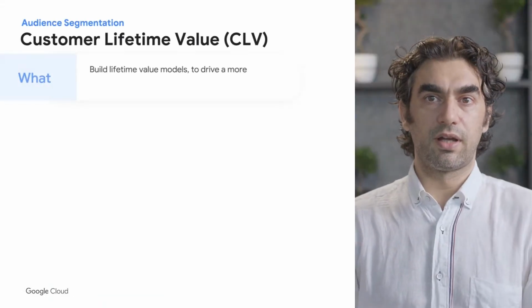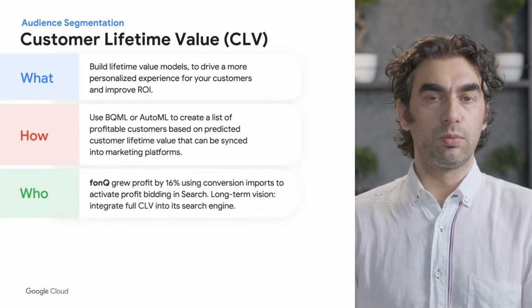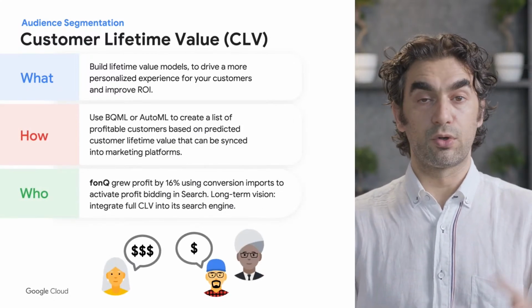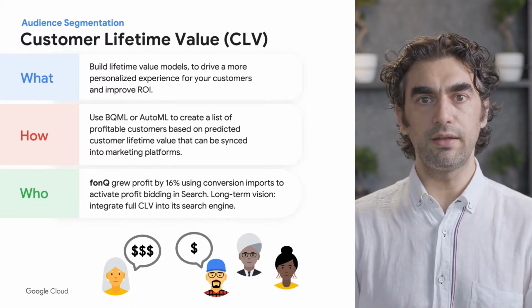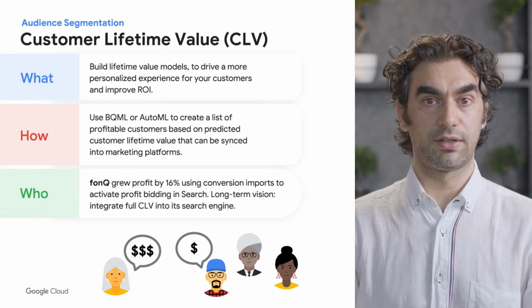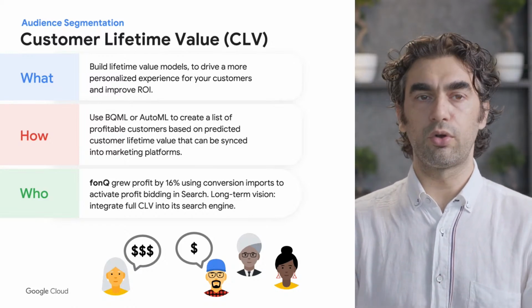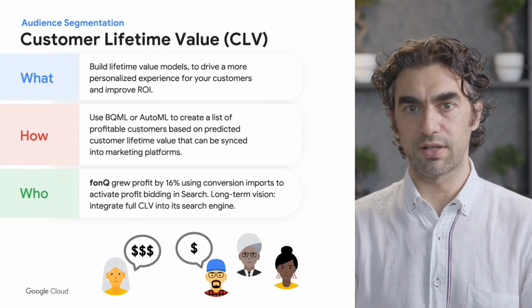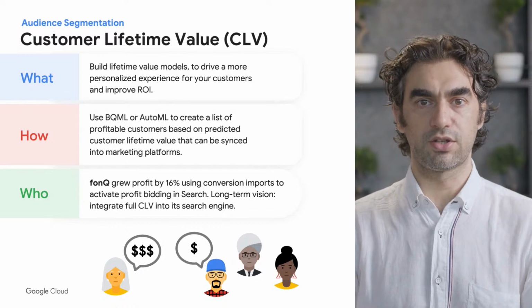Then there's customer lifetime value. This helps you answer questions like how much revenue will a certain customer bring in if their first purchase is an X product, or how much value users bring in when they actually use a certain marketing channel. Essentially, you can use BigQuery ML or AutoML to create a list of profitable customers and assign this profitability to their specific marketing channels.